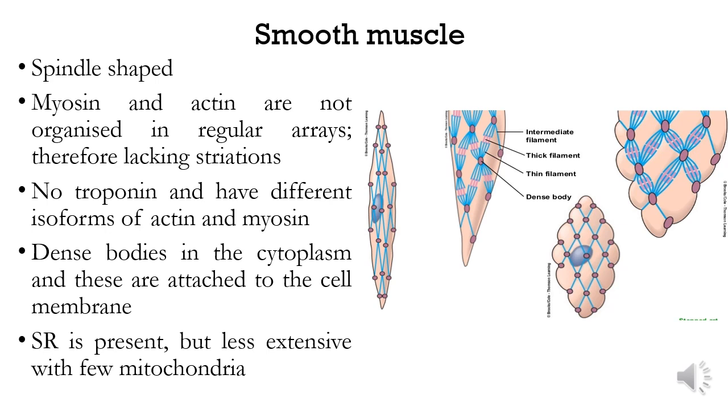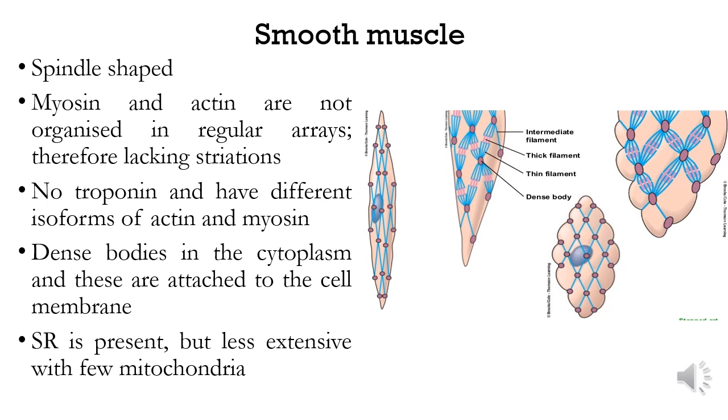But what we can see is the joining to the dense body. So these brown structures that you can see here. If we look at the one on the extreme right, the blue components are the thin filaments, and the pink ones right in the middle are the thick filaments.